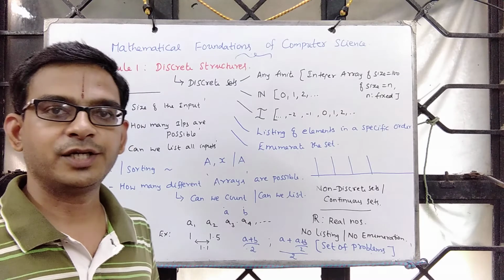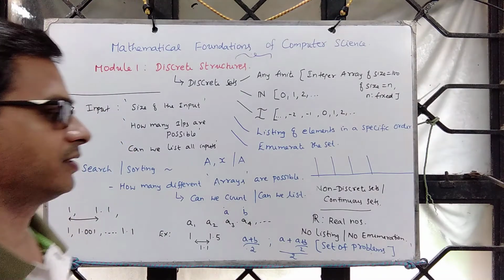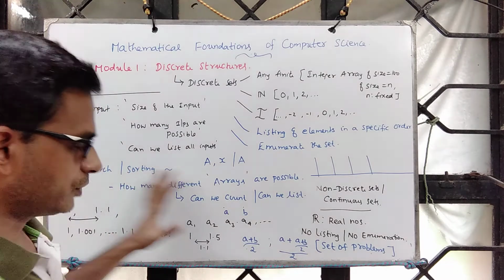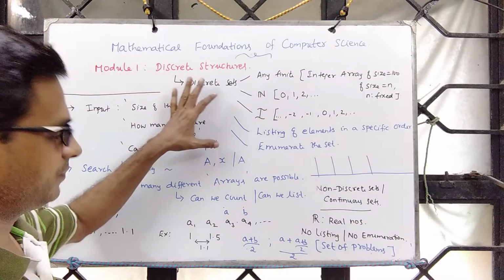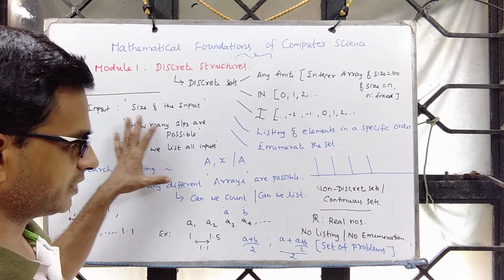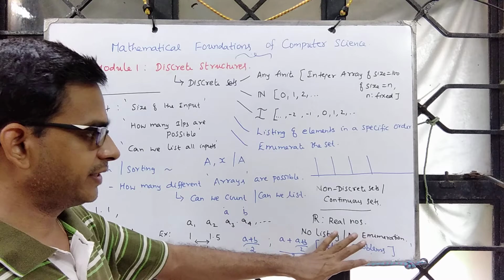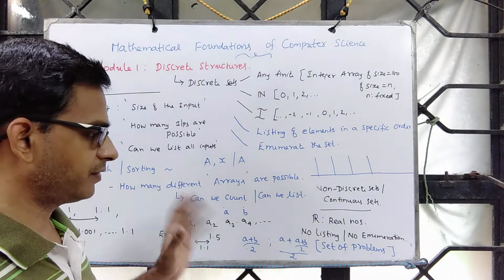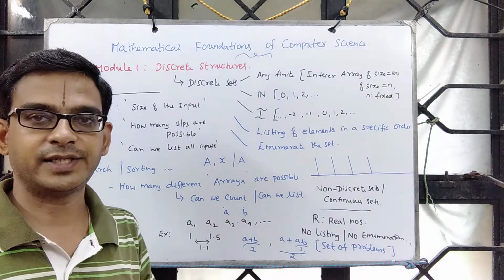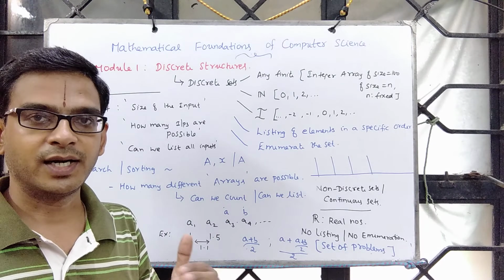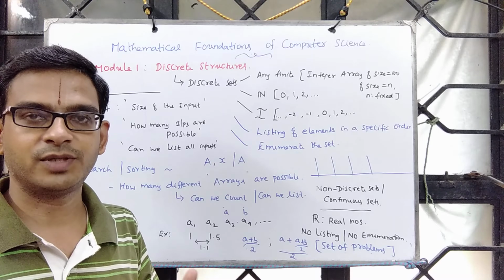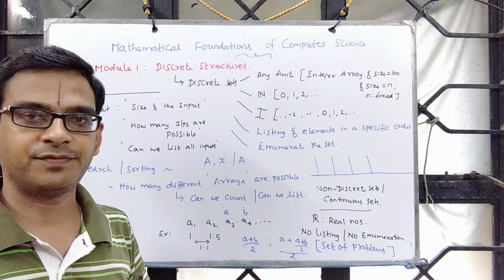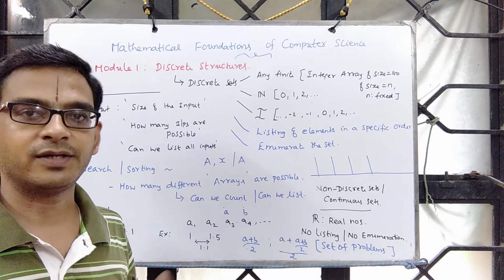Why this is a continuous set, why not it is discrete, all that we shall see in detail as part of the course. But just to touch upon that, yes, we get to see discrete sets in computer science. We also get to see non-discrete sets in computer science. But as part of the course, we shall highlight more on discrete sets, its properties, and some kind of counting problems, proof techniques based on that, and all that we shall expose you to as part of this course.